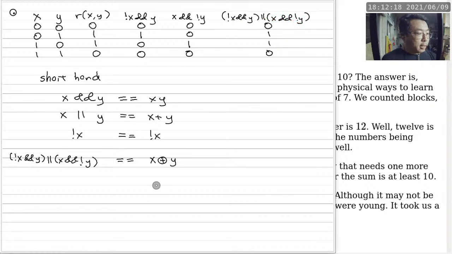And then we talked about the shorthand, so I don't have to waste time writing the ampersand ampersand, and it just looks like x times y. OR looks like a plus, and negation is still an exclamation point. We also defined exclusive OR, which is basically the same thing as this longer expression over here. I want to see if there are any questions before we proceed.